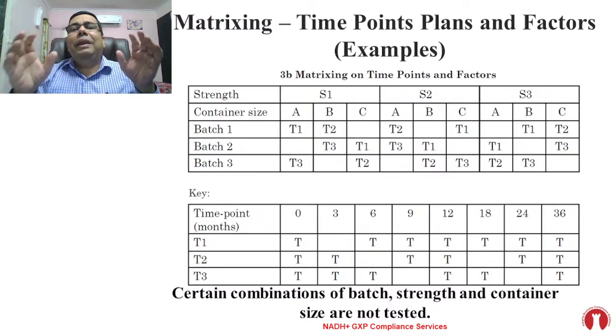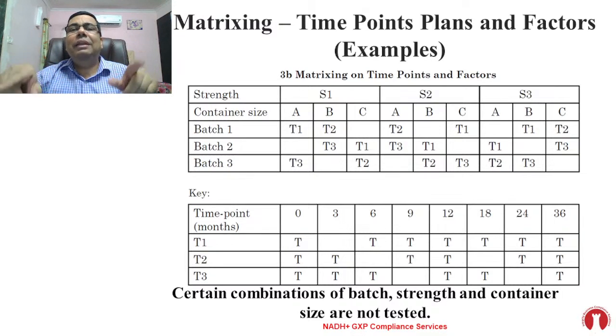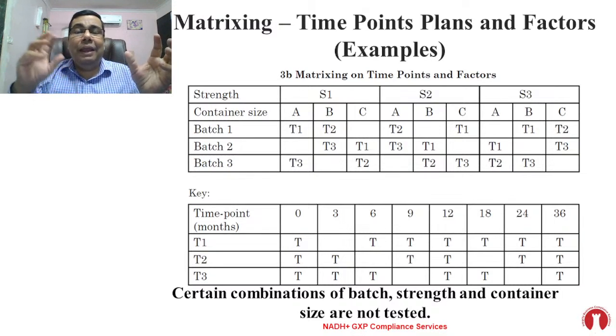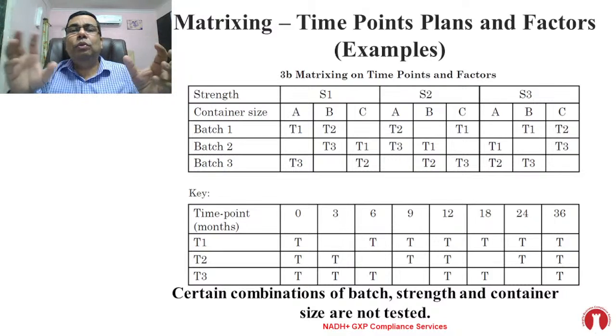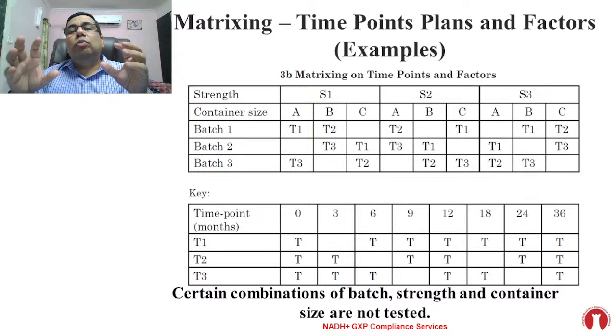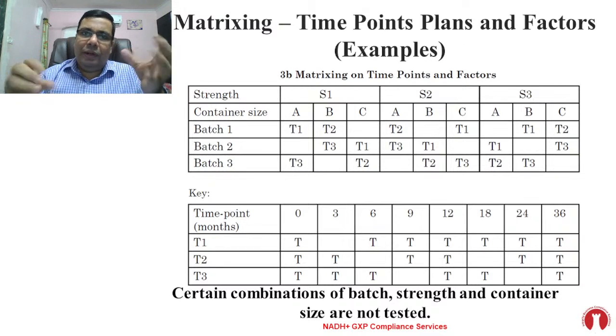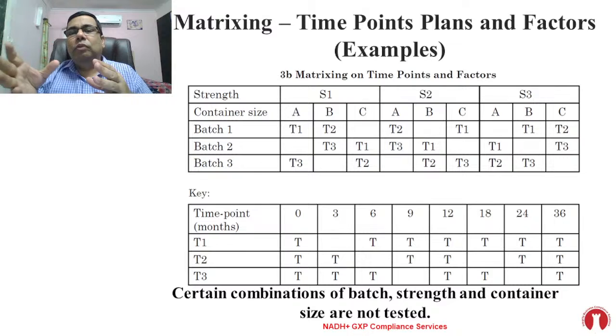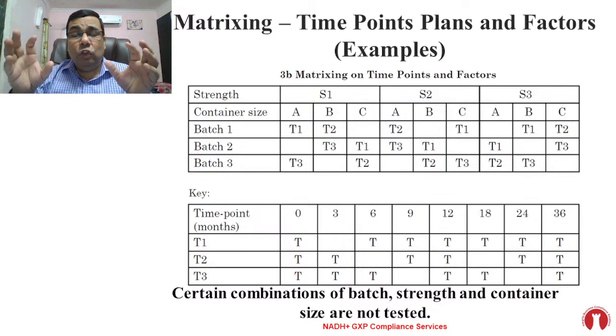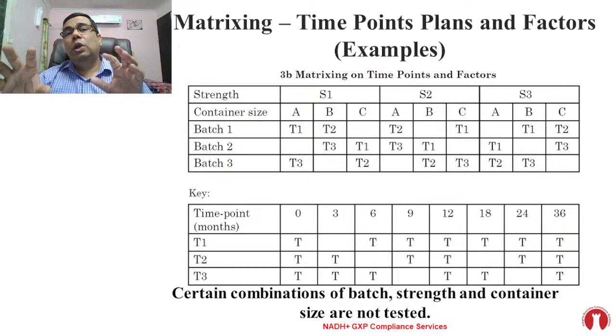Basically in this matrixing example for time point plan and factors with respect to strengths, we are skipping some strengths for testing purposes. When you are preparing this plan, you need to be very clear about the statistical approach: which test am I skipping?